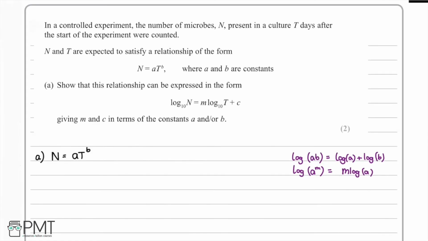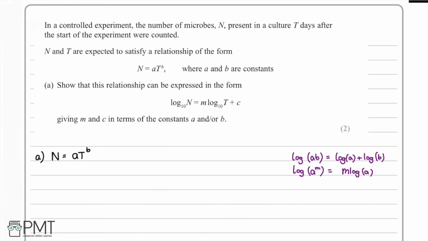So in this question, there's a controlled experiment where the number of microbes, which is denoted by n, present in a culture t days after the start of the experiment were counted. So here we've got 2 variables: the number of microbes and the time since the start of the experiment.